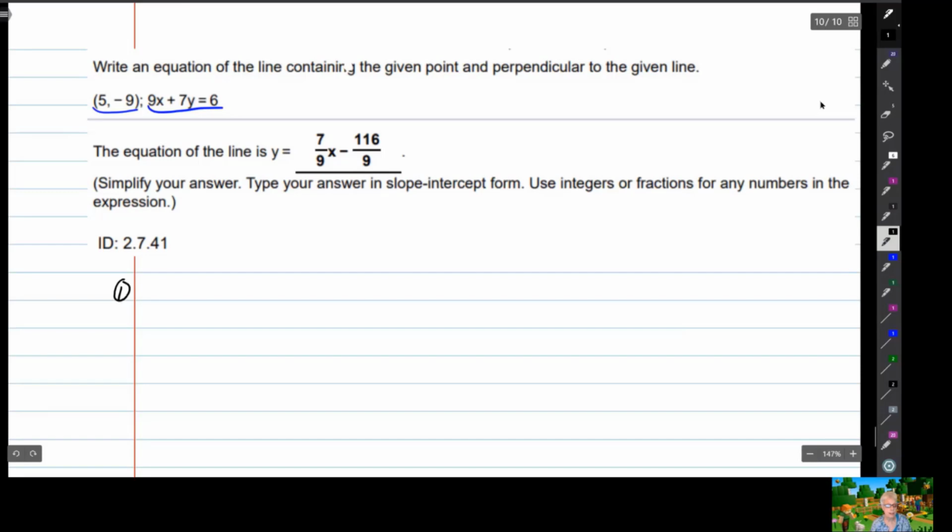Okay, step 1. I'm going to find the slope of 9x plus 7y equals 6. So I write 9x plus 7y, and I leave a space, and then equals, and I leave a space. This is a positive 6, so I write plus 6.